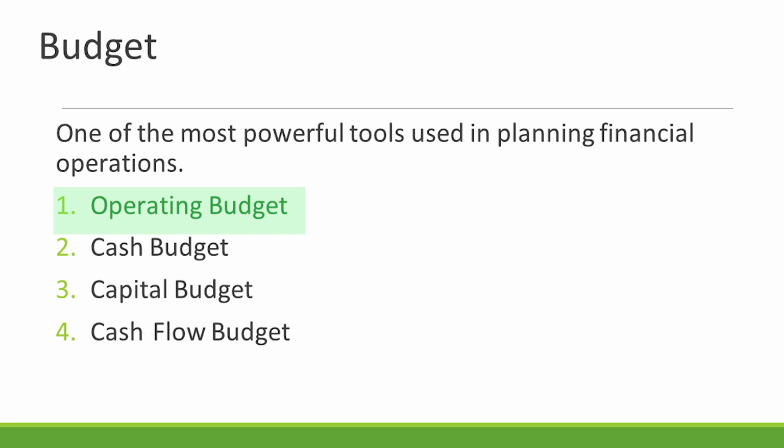The operating budget is a statement of estimated income and expenses over a specified period of time. The cash budget is a statement of estimated cash receipts and expenditures over a specified period of time.